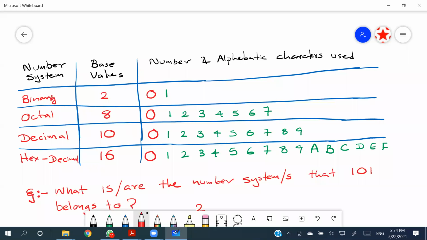The number of characters inside a number system equals the base value. So binary has 2 different characters, octal has 8, decimal has 10, and hexadecimal has 16 different characters.